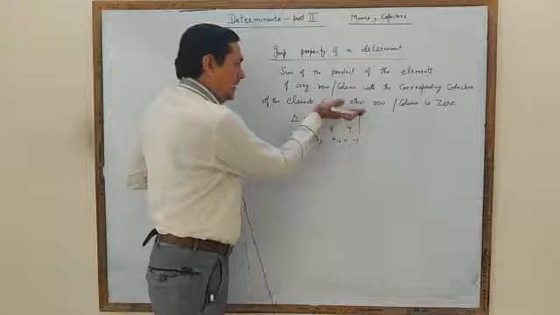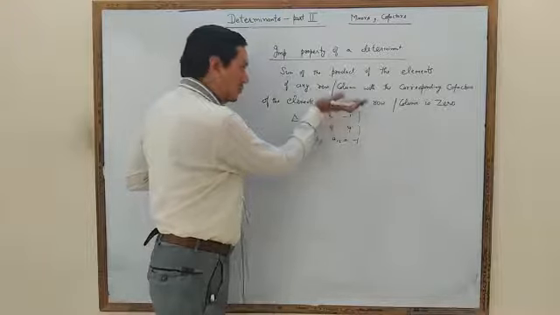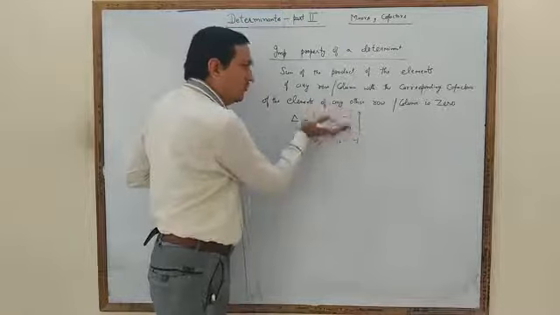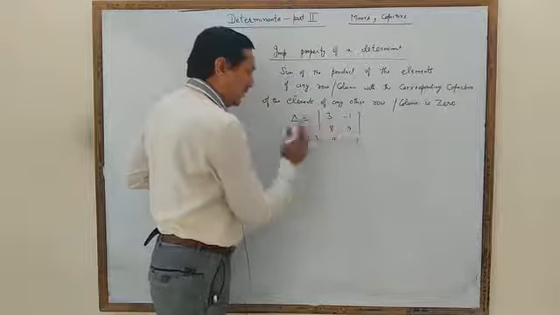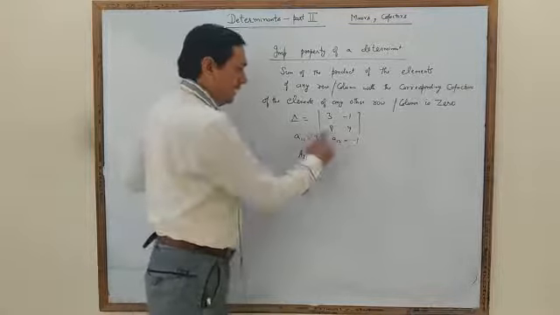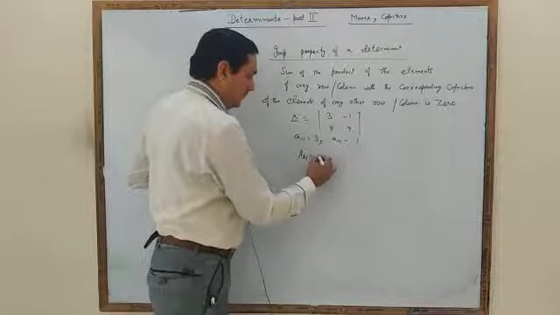Now we have taken the elements of this row, so we shall find cofactors of any other row, which is obviously the second row here. A21: second row, first column.